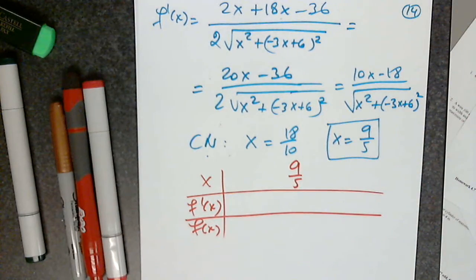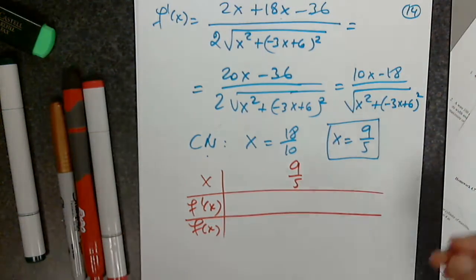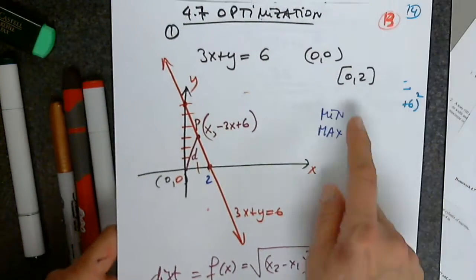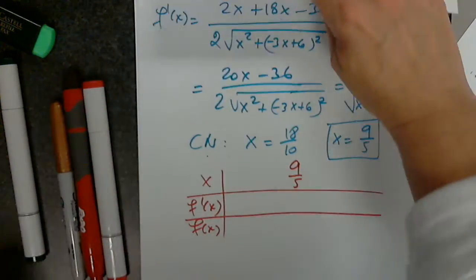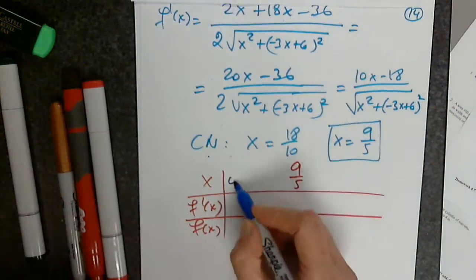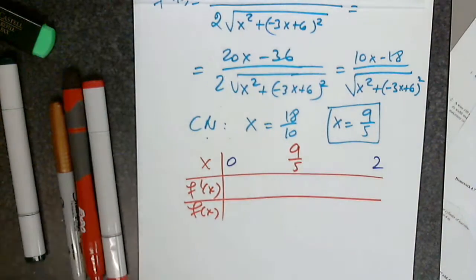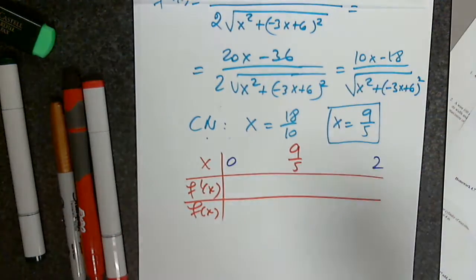What is the domain of this function? I have it right here. I am only asked to look at 0 to 2. And 9/5 has to be between 0 and 2.